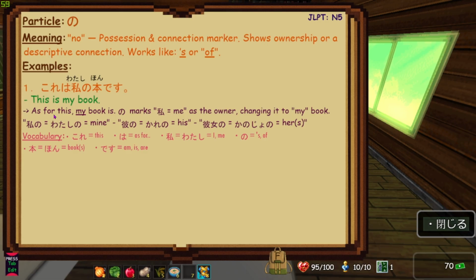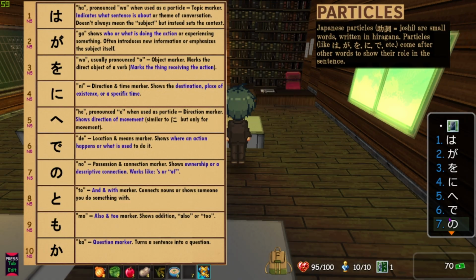So as for this, my book is. No marks watashi as the owner, watashi no, changing it to my book. You also have watashi no, so mine, kare no, his, kanojo no, hers. Okay, I think that covers it.